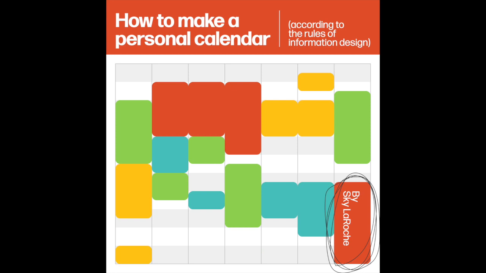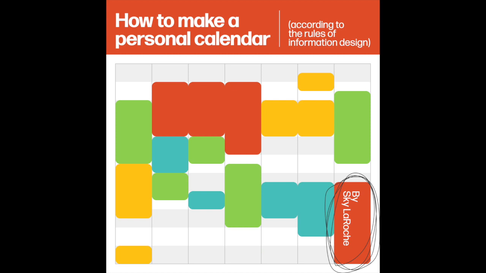So as a brief introduction to information design, or just as a definition, really, it's about organizing and displaying data effectively. In this case, the data is your calendar and your week. So we're going to be discussing a week style calendar, but there's definitely stuff in here that applies to other types of calendars as well.